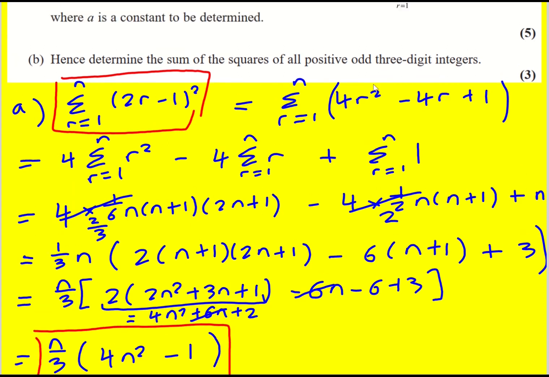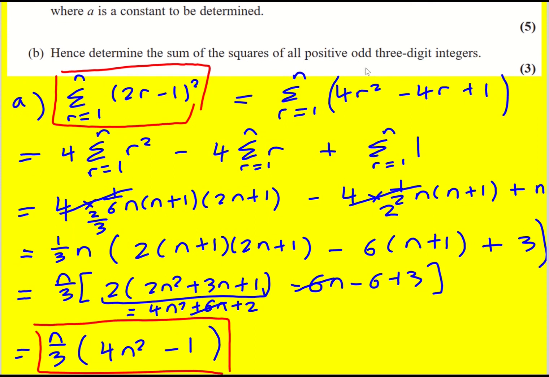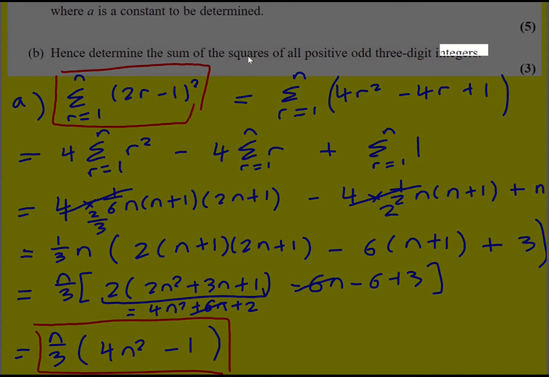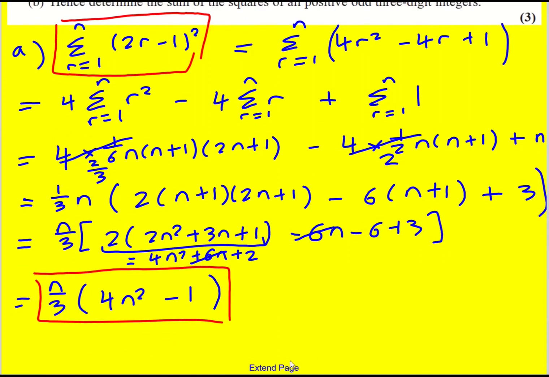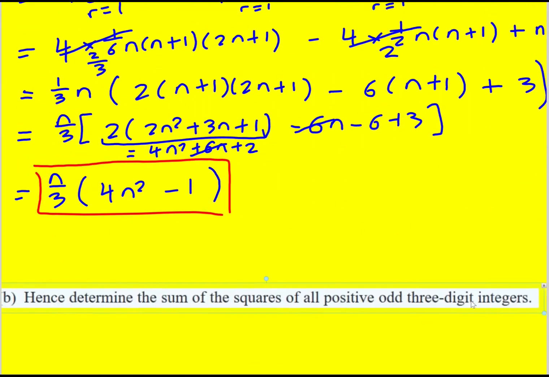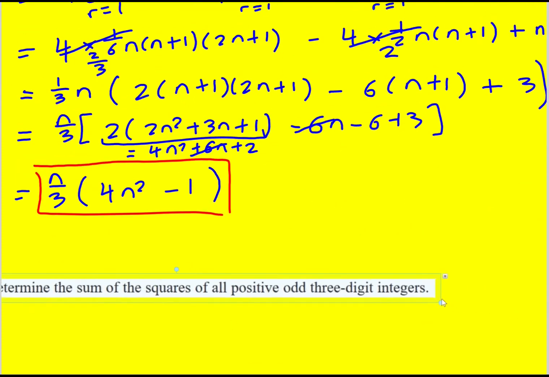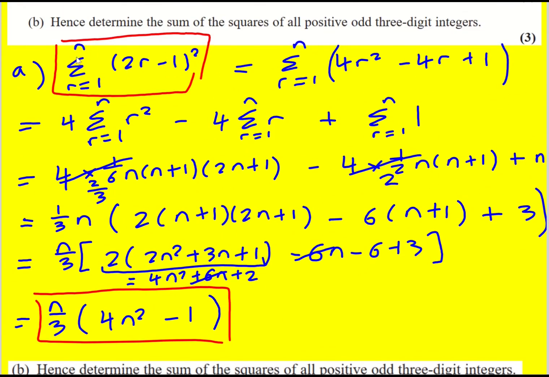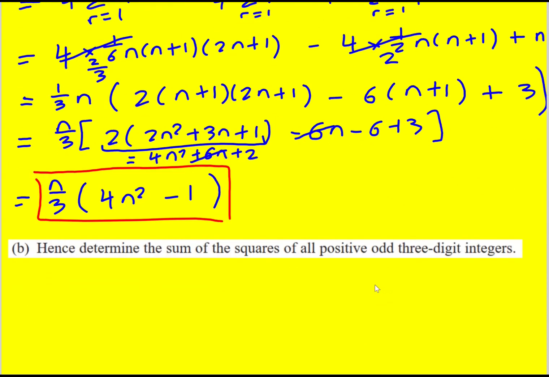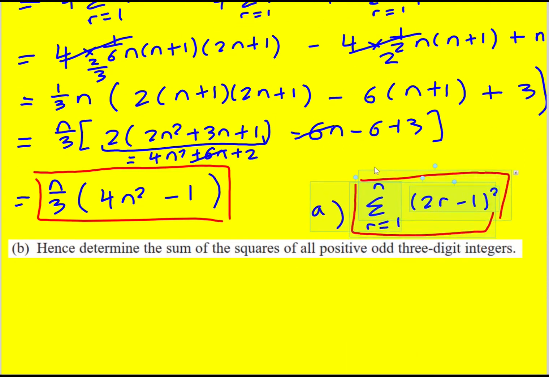Hence, determine the sum of the squares of all positive, odd, 3-digit integers. Let me just grab that and bring it down. Okay, so let's not forget, let me just also copy this. This is what we've just shown, which we're obviously going to be using in a second.